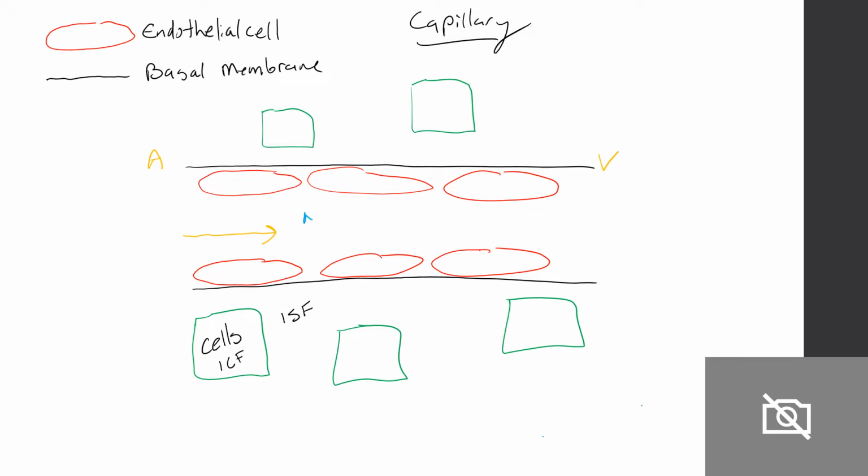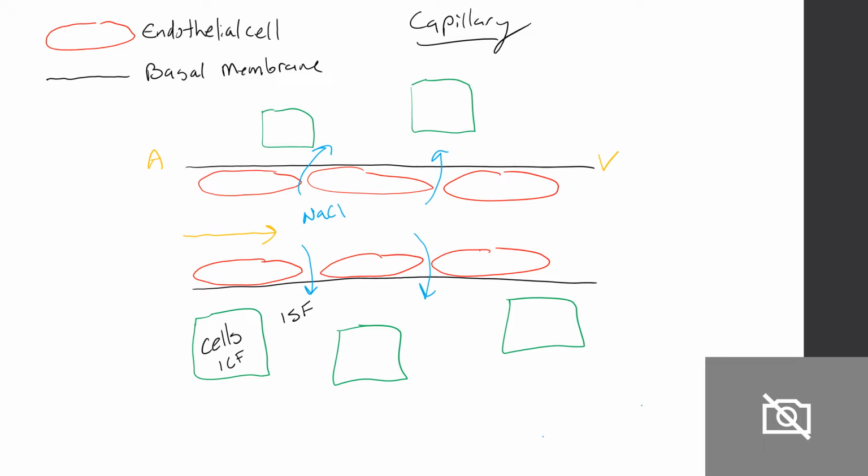For example, I could have sodium and chloride, obviously not combined, but in their ionic states. The sodium chloride is small enough to move through the intercellular clefts, so it would be able to make its way out into that interstitial space.